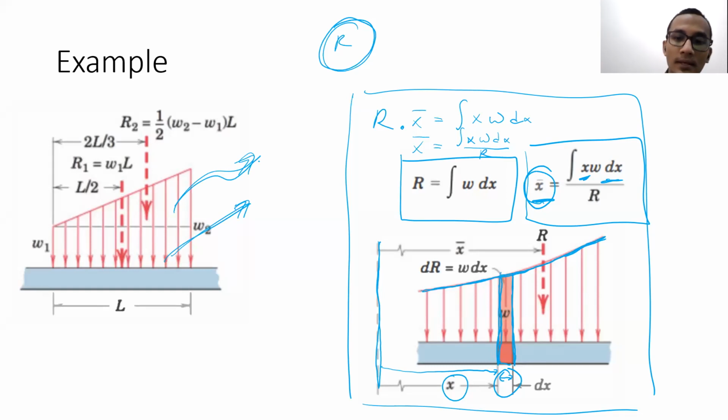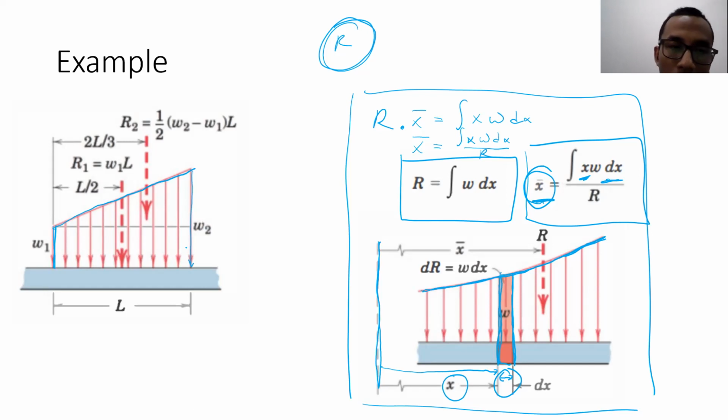The easiest way is to divide it into two areas. If you see the whole thing, it's a combination of rectangle and triangle.